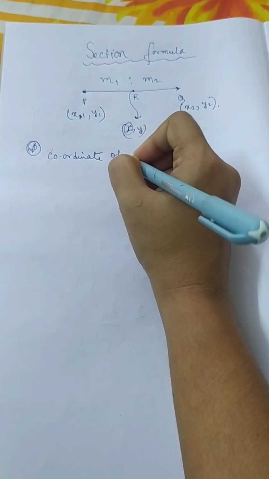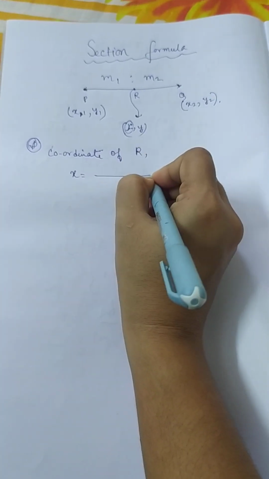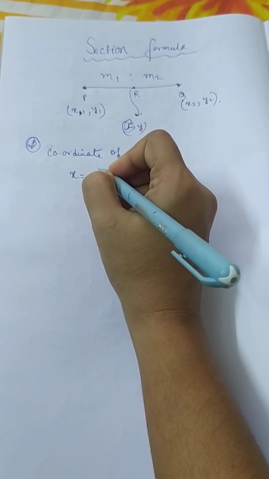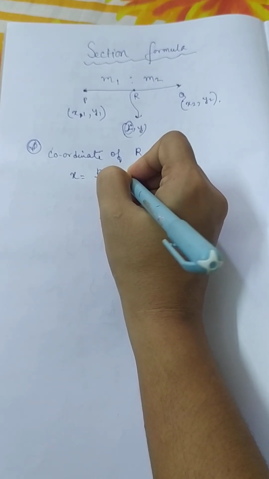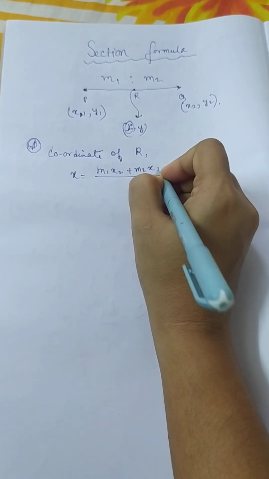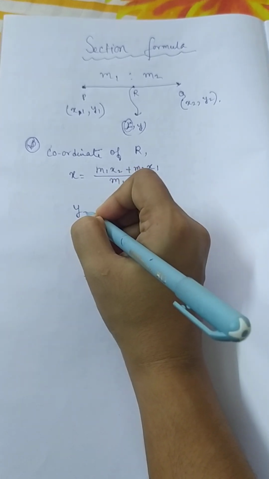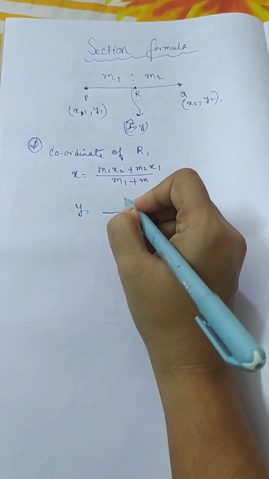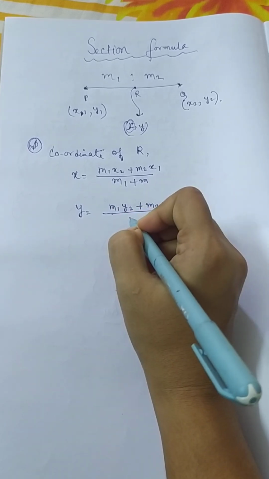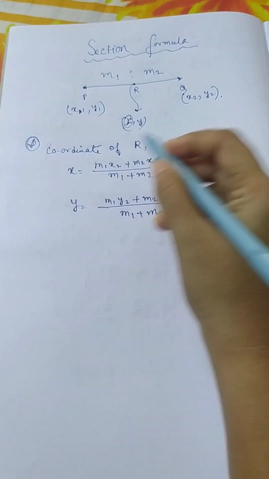The coordinate of R, that means for x coordinate, it will be M1 x2 plus M2 x1 by M1 plus M2, and for y, the coordinate is M1 y2 plus M2 y1 by M1 plus M2. Now look at it very carefully.